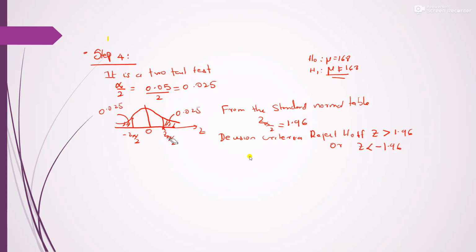If your statistic falls within this region, then reject H naught. Otherwise, do not reject H naught. Now step 5, compute the test statistic. Sorry. Now from the T table, right? It is T. Very sorry.